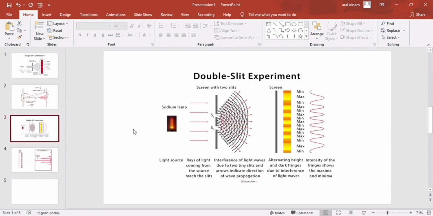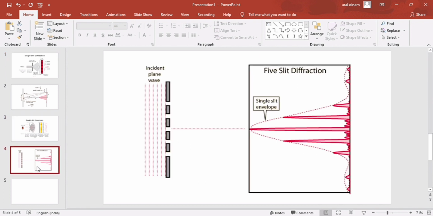After this we will go on to multi-slit diffraction. So what is a multi-slit diffraction experiment? Well, instead of having two slits, we have multiple slits. When we have multiple slits, the intensity of the peak will be greatly enhanced. That is, the intensity will be directly proportional to m squared, where m is the number of slits.